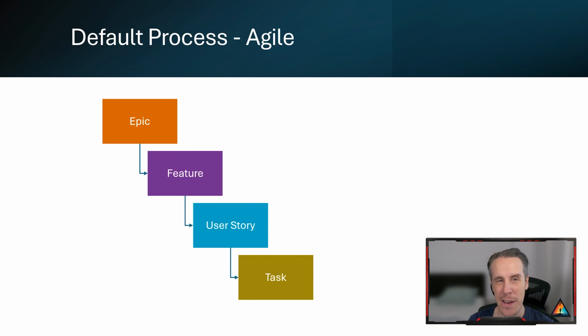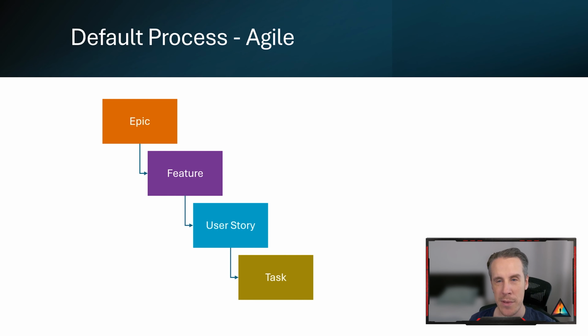Let's say the features that you'd want to have would be an interface for making the order, an interface for viewing progress of the order. Then within those two features, you would have user stories. So you would say, as a hungry customer called Peter, I want to be able to make an order so that I can get my food. And that's a very generic user story, but I'm just giving an example.